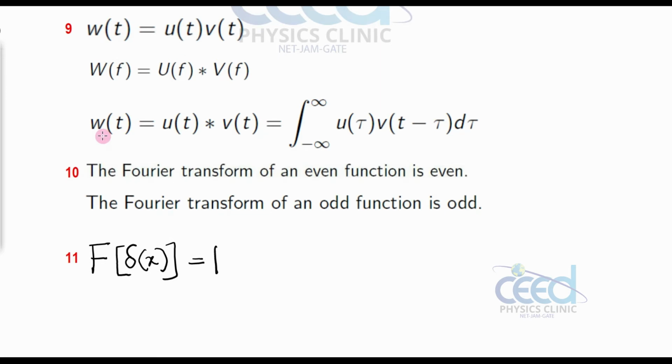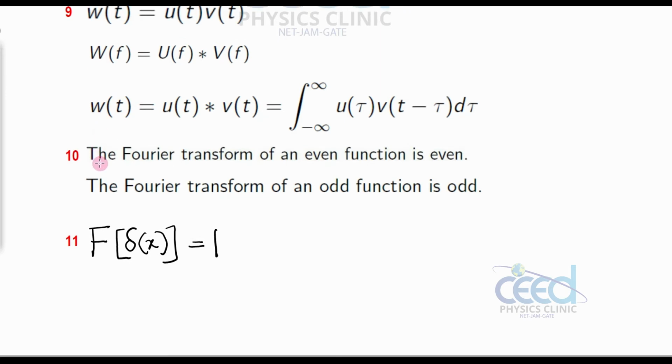Now another property is that the Fourier transform of an even function is even. That is important. What is an even function? Suppose you have a function f of t, and its Fourier transform I am taking as g of omega.